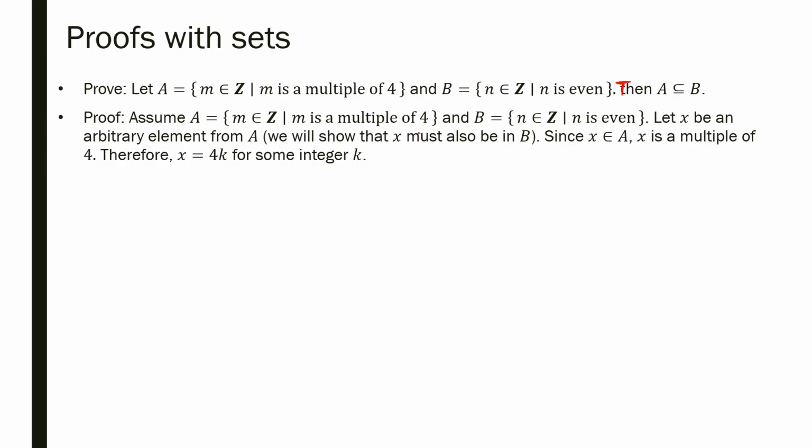Well, since X is in A, and A is the set of all integers that are multiples of 4, X must be a multiple of 4, right? Since X is in A, X has to be a multiple of 4.